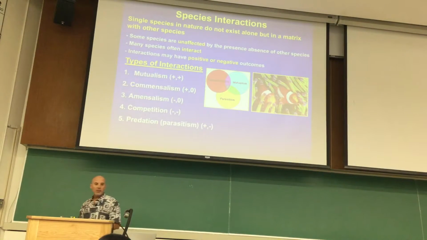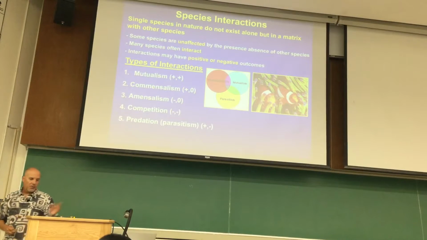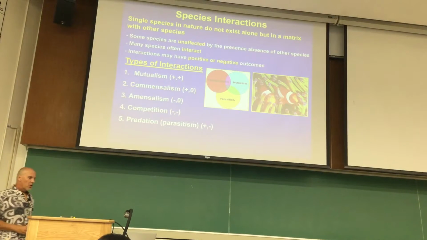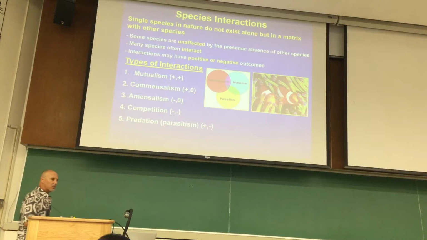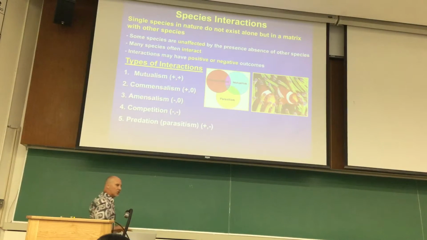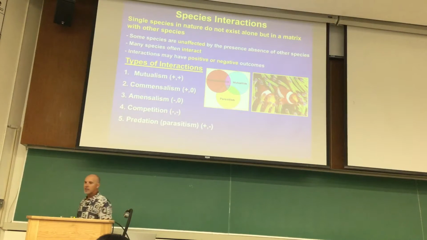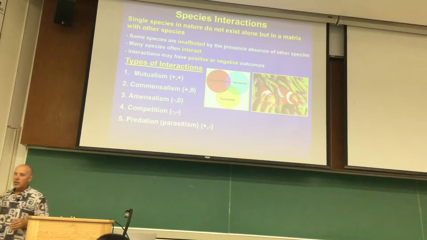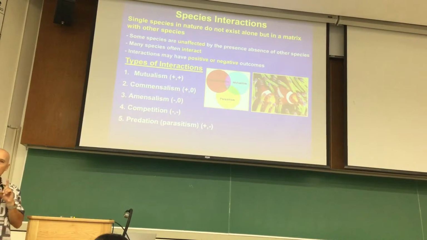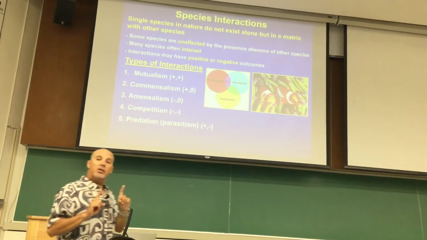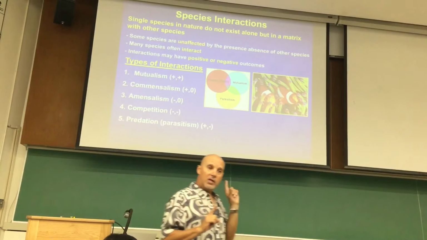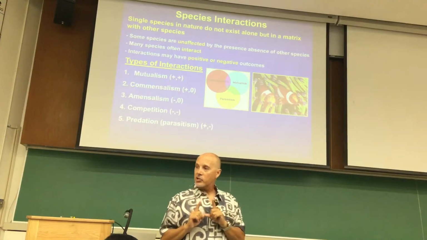So there are different types of interactions. I'm going to give you 5 basic ones. Mutualism, commensalism, amensalism, competition, and predation, and parasitism goes hand in hand with predation. They're basically the same thing. Notice the little pluses and the minuses and the zeros, right? So again, this is indicating what's happening to the population growth rate of each species involved in this interaction.